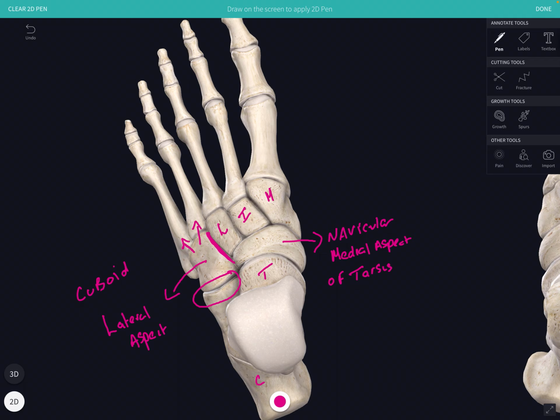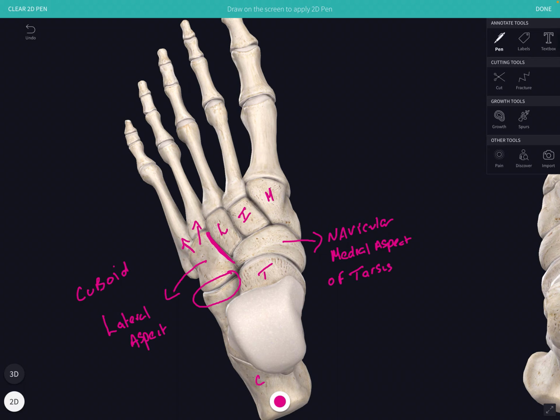We can have a look as well at the cuneiform bones. Okay, we've got a medial, an intermediate, and a lateral cuneiform bone. Now the medial cuneiform bone has a narrow, rough upper surface and a roughened medial surface.